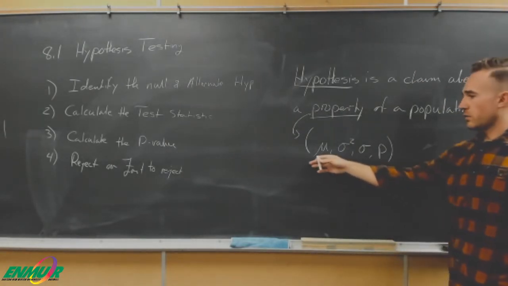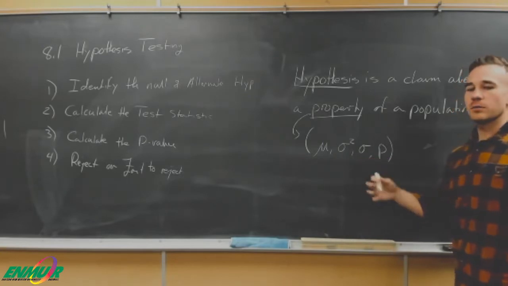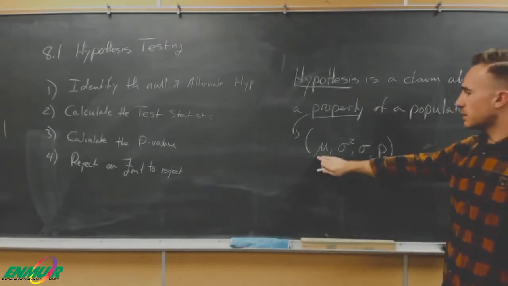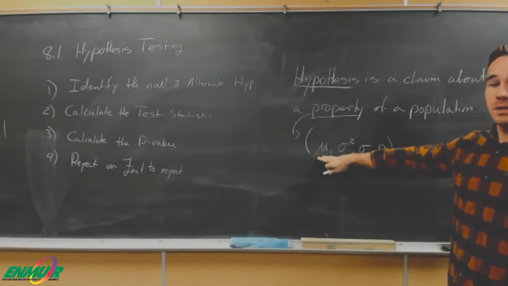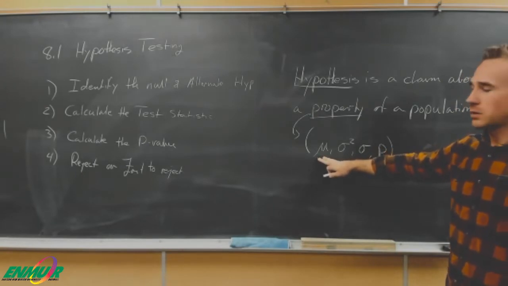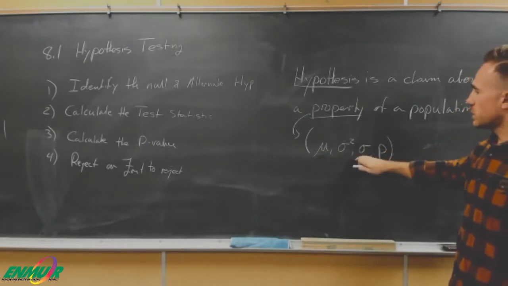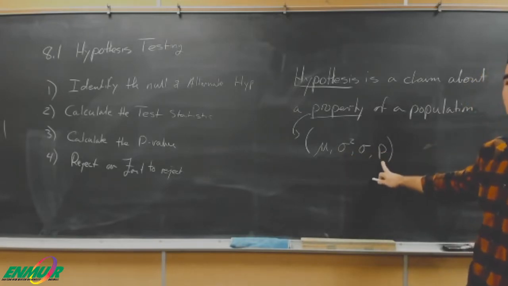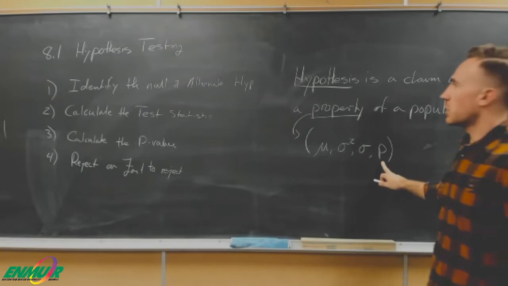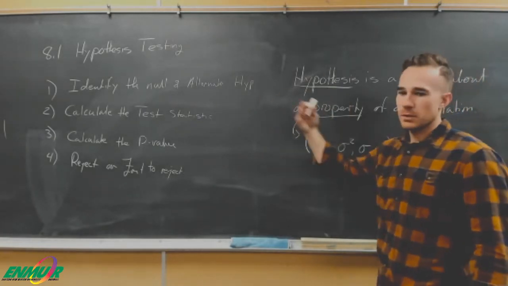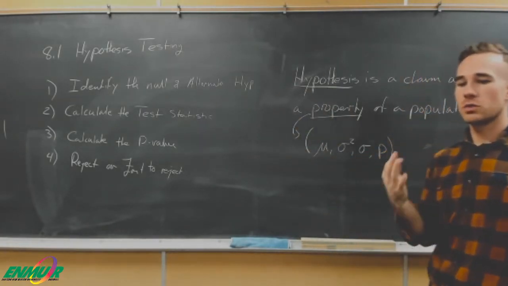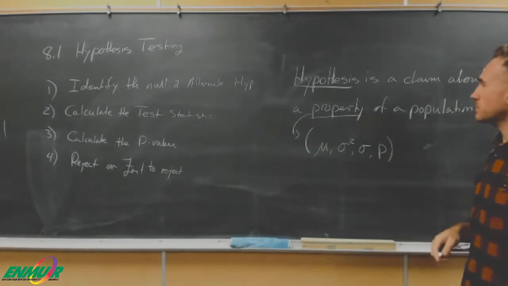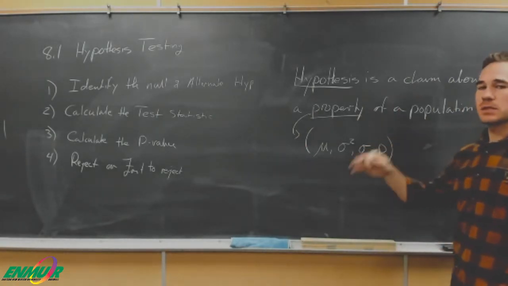And we've gone through and we found that if I'm talking about a mean, then I'm either going to use my z or t table, depending on if my sigma is known. For a variance or for a standard deviation, we're going to use our chi distribution, and then for a population proportion, we're going to use our z table. So within chapter 8, we have the opportunity to use one of 3 charts. Okay, so a hypothesis is essentially a claim.